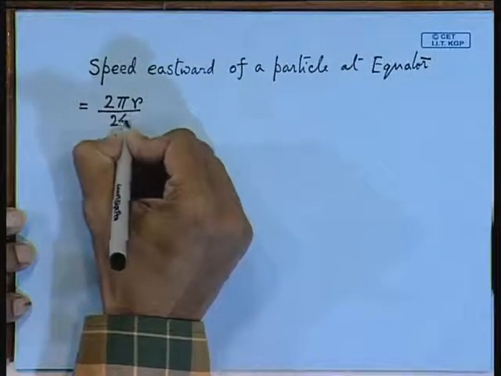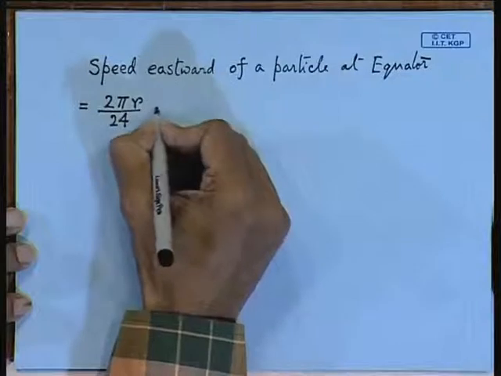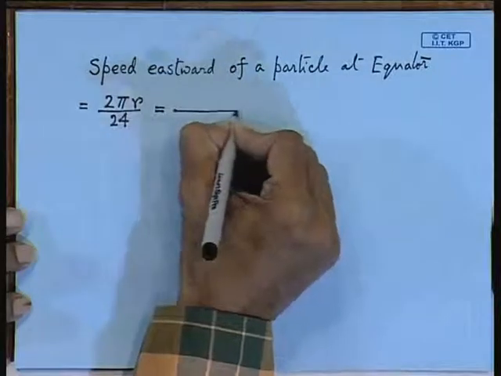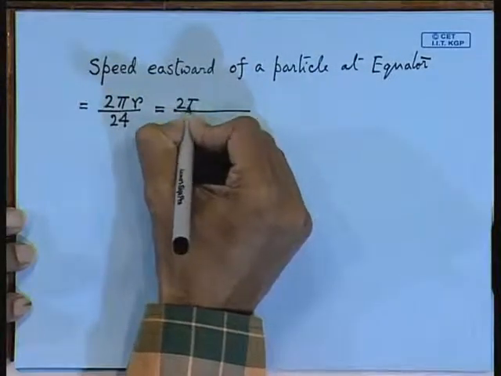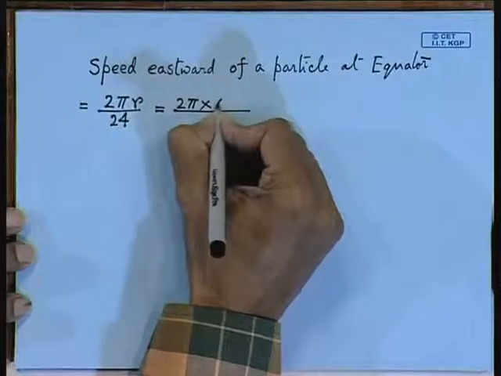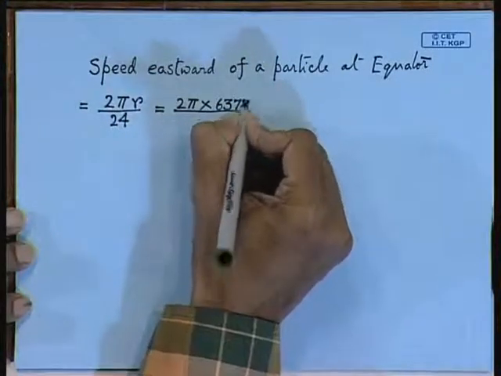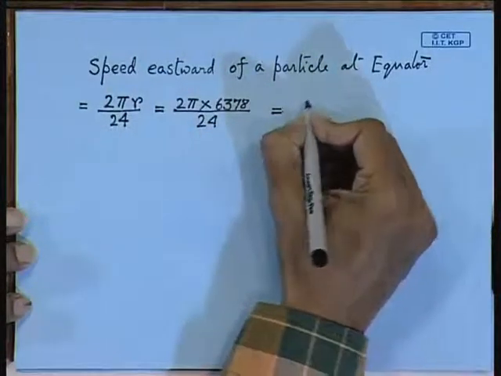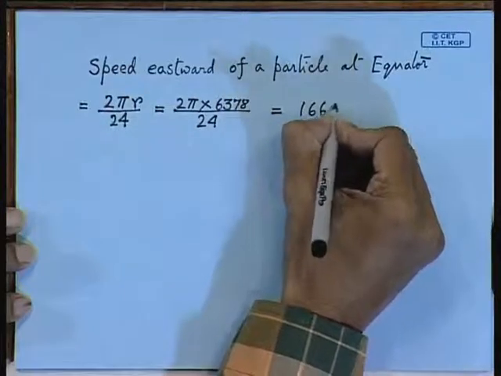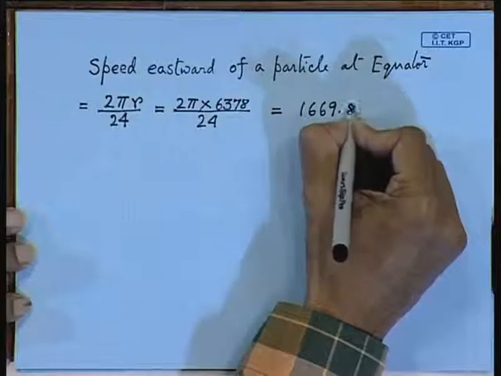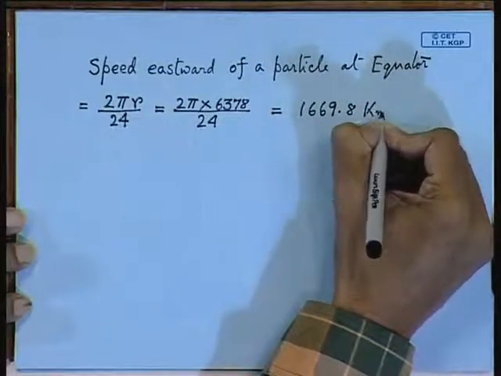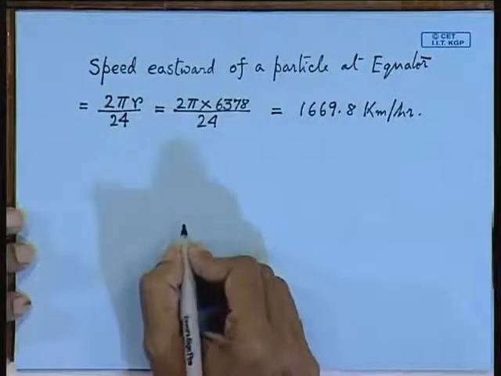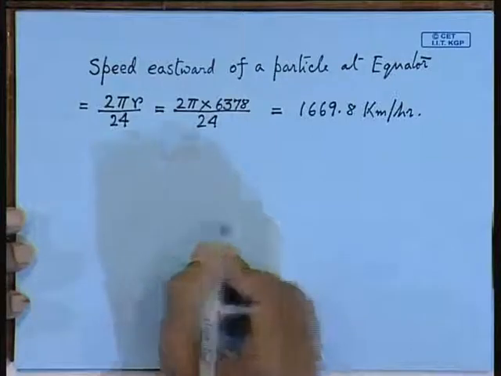So, at equator you are rotating at this speed, which of course you don't feel. So, this is 2 pi multiplied by 6378 divided by 24. This works out at a tremendous speed of 1669.8 kilometers per hour. So, this is what God is doing to you, which you are not able to realize sitting in the classroom, isn't it?